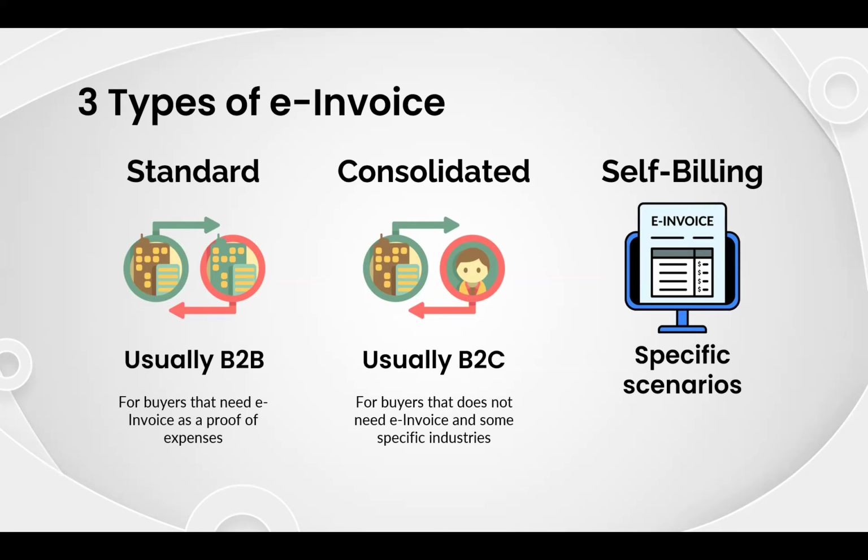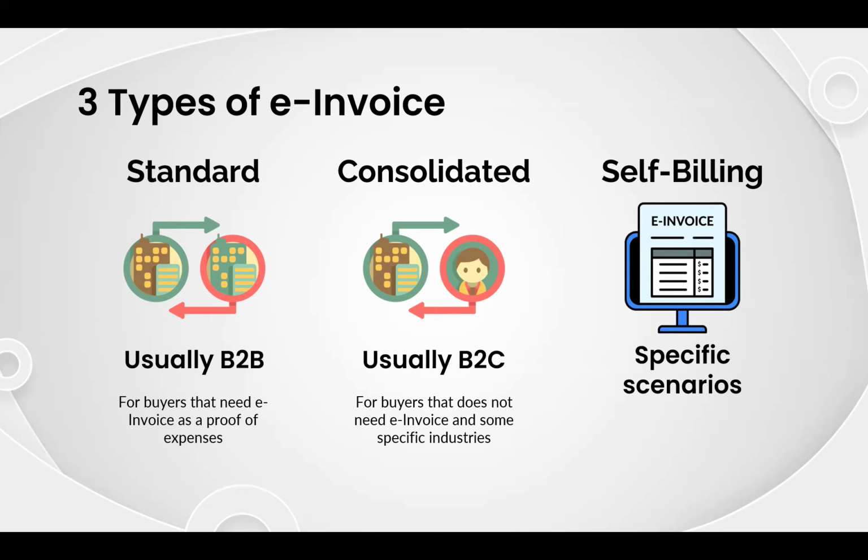Then the 99 mini mart will consolidate the cash sales later. They can still give me a normal receipt, and at the end of the month, they will consolidate all those B2C transactions or receipts and submit them in one shot as a consolidated e-invoice. This is just for B2C, not B2B.